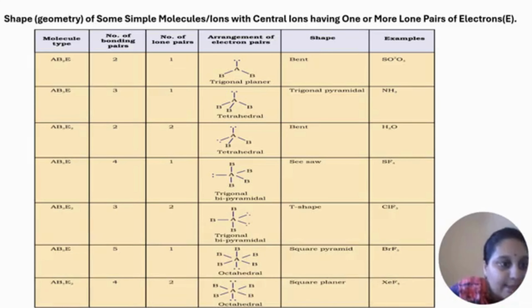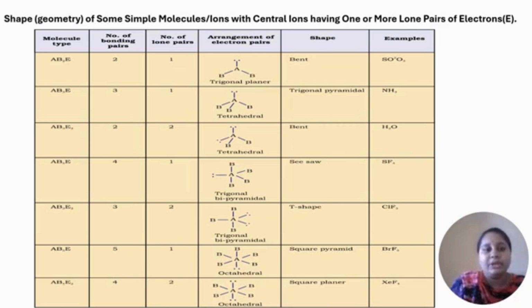The next is AB4E. The number of bonding pairs is 4 and the number of lone pairs is 1. So it is trigonal bipyramidal with seesaw shape and the example is SF4. The next is AB3E2. The number of bonding pairs is 3 and the number of lone pairs is 2, trigonal bipyramidal and T-shape.